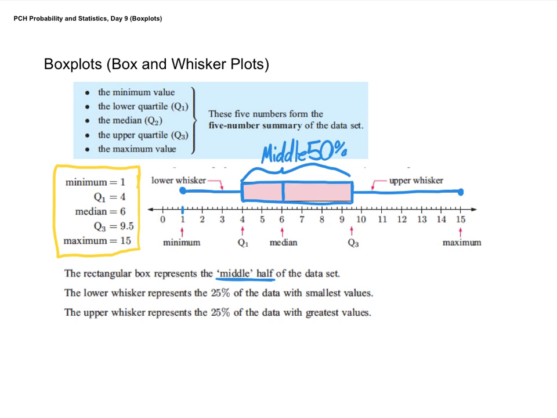I might have had 4 there and just 1 way out here, but yet it looks as though our top 25% was really spread out a lot. So that's why sometimes we'll just look at that middle 50% and draw some conclusions from that.